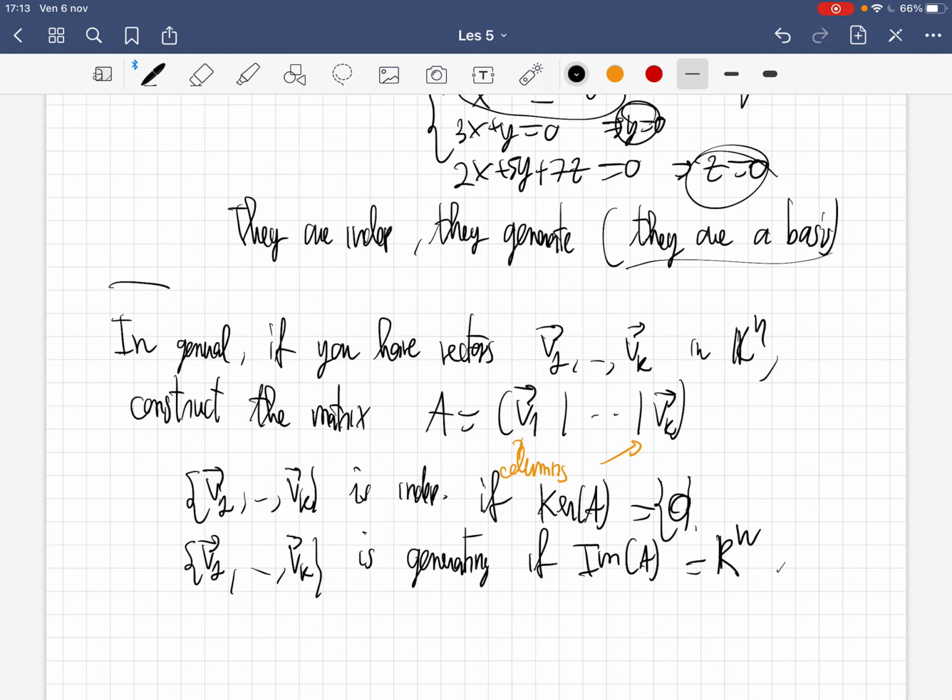So practically you have to look at this matrix.